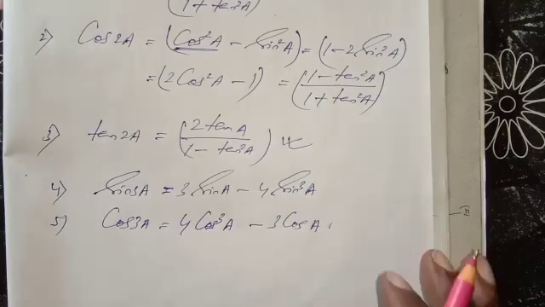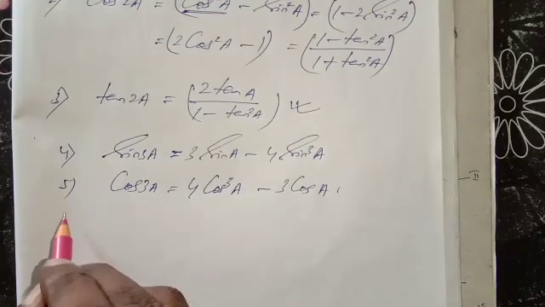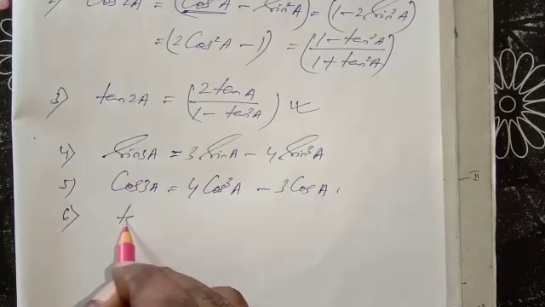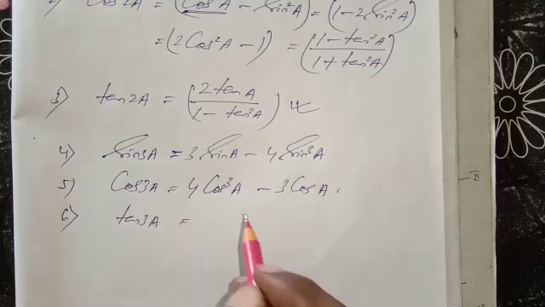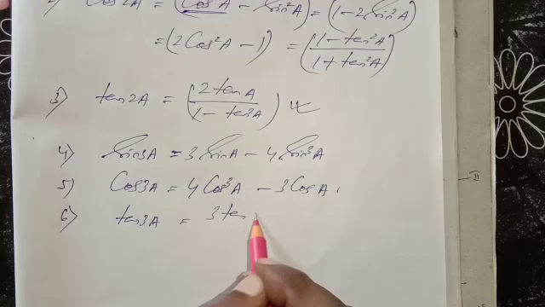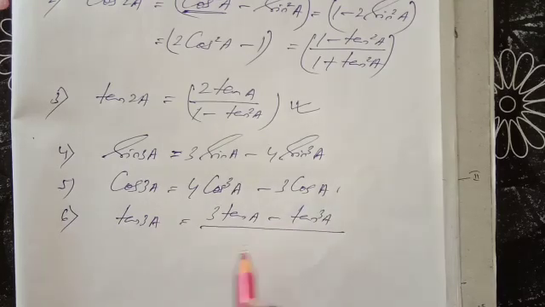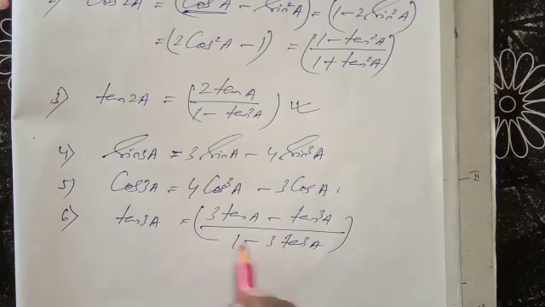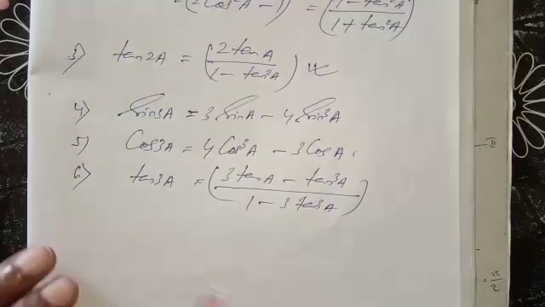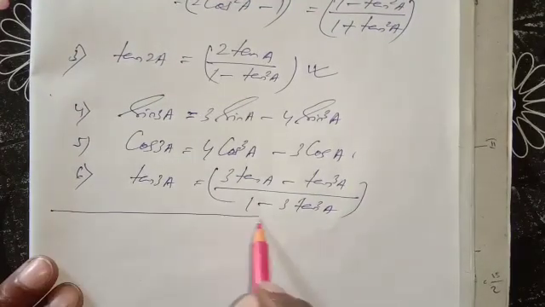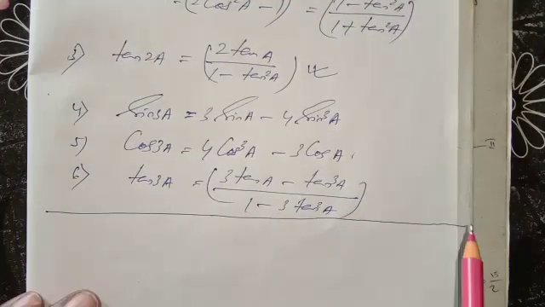These are the multiple angle formulas. Number 6, the tan 3a formula you can also write like this: 3 tan a minus tan cube a divided by 1 minus 3 tan square a. These all belong to the multiple angle formulas required for the solution of trigonometrical identities.